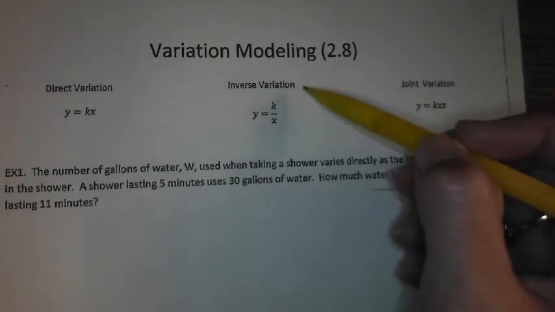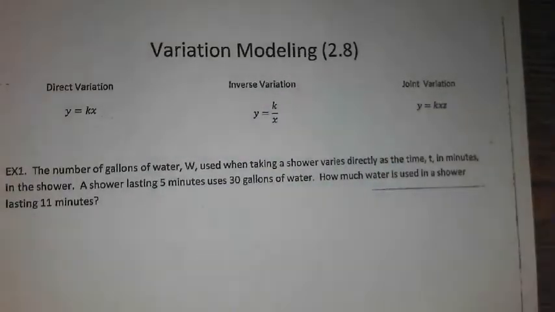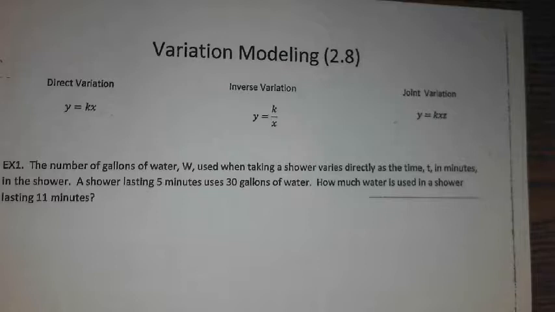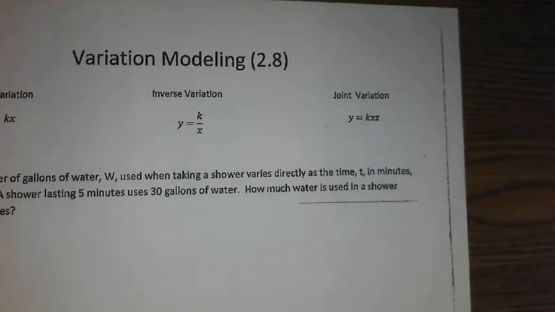For inverse variation, it is a rational relationship between two variables, and the format that we'll use for that is y equals k over x. And joint variation is when there are multiple variables varying with each other. Rather than just two variables, you've usually got three.